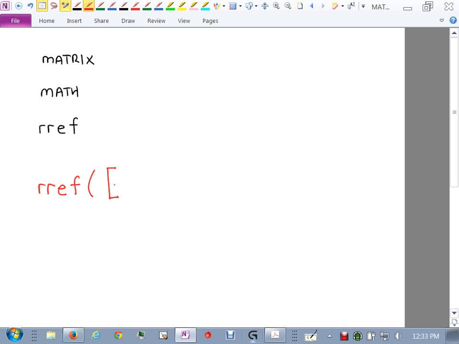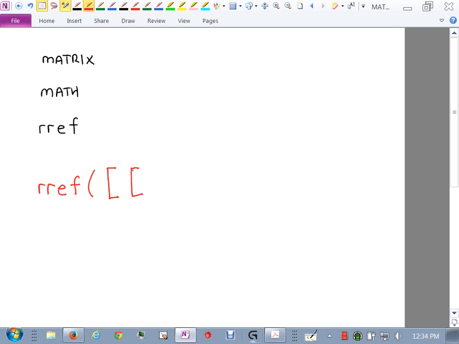I believe the bracket is on the right-hand side, above the multiplication and subtraction keys. You all see it? So you have to hit the shift button first. That first bracket says, here comes the matrix. All right, here it comes. Then you do another bracket that tells it, here comes the first row.